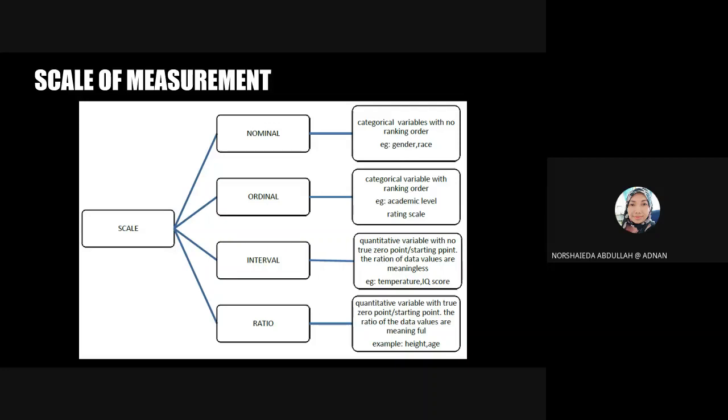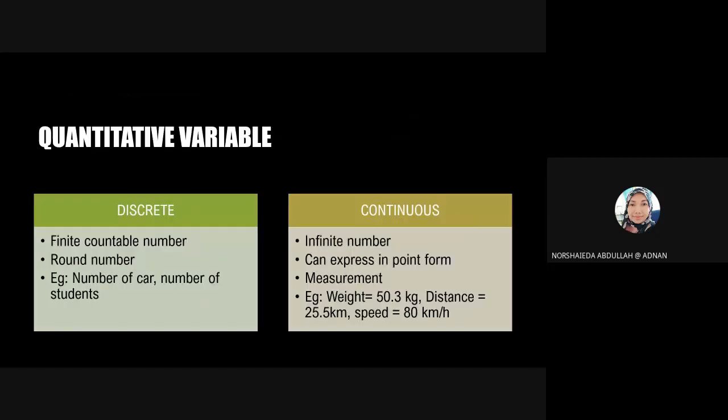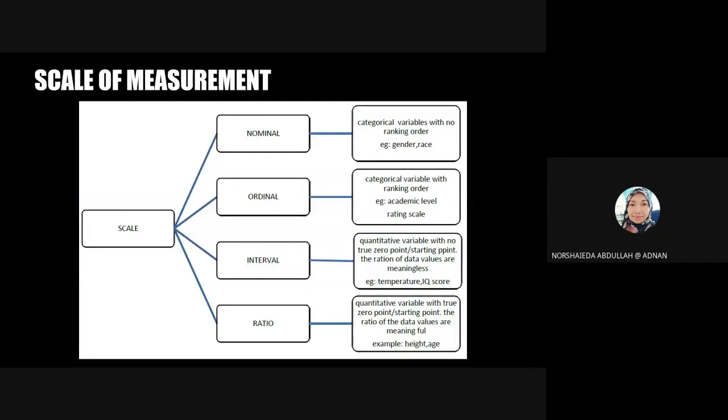So dia categorical, SPM, diploma, degree tu categorical, tapi dia ada ranking dia. So you kena ambil SPM dulu, after that boleh proceed with diploma, after that boleh proceed with degree. Okay, dia ada ranking dia. So bila categorical and the ranking is important, dia under ordinal level.